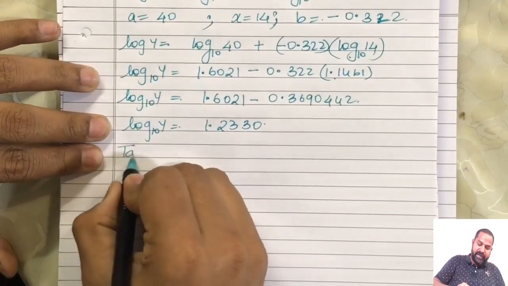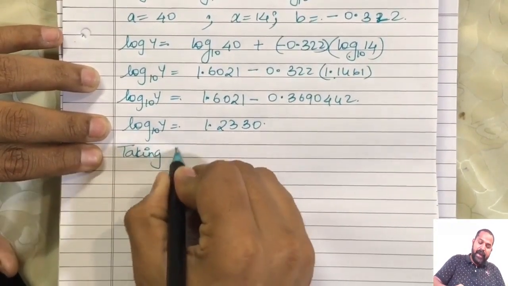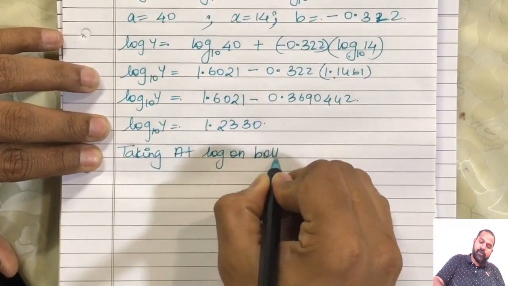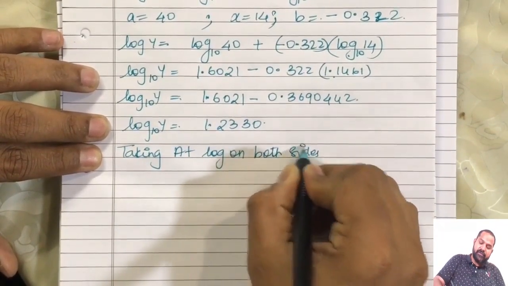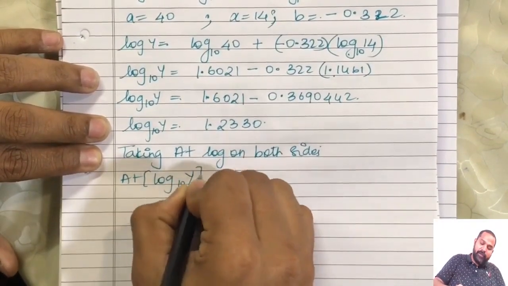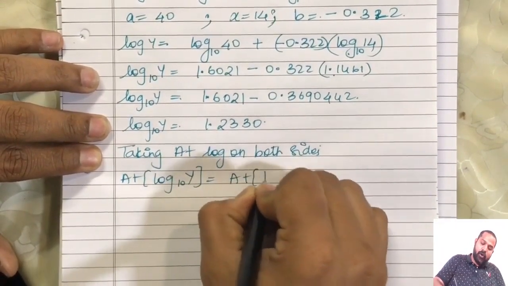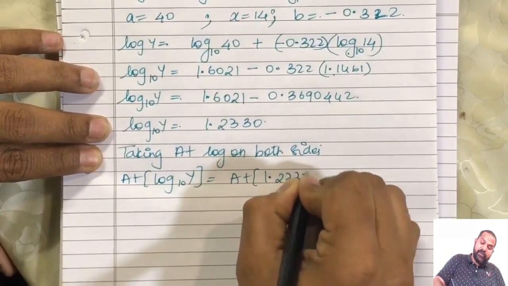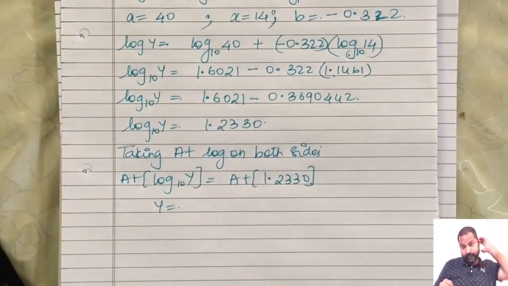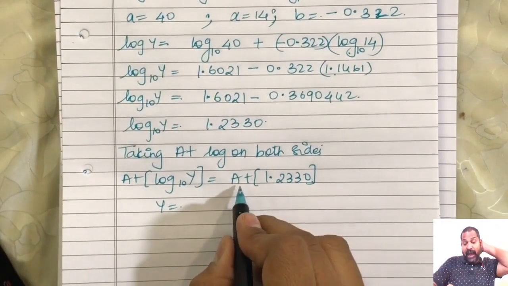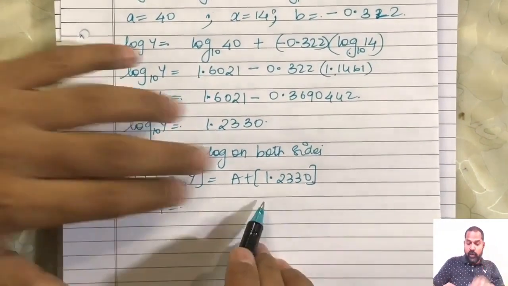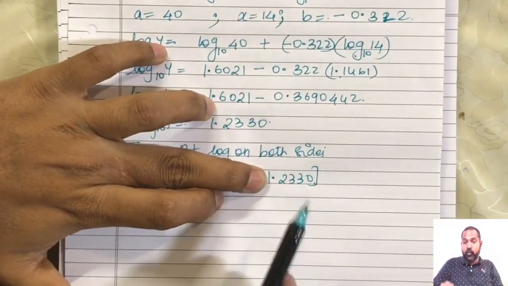So I will say, taking anti-log on both sides, the anti-log of log y to the base 10 is the anti-log of 1.2330. Anti-log of log y is y. So what is my mantissa? 0.2330.